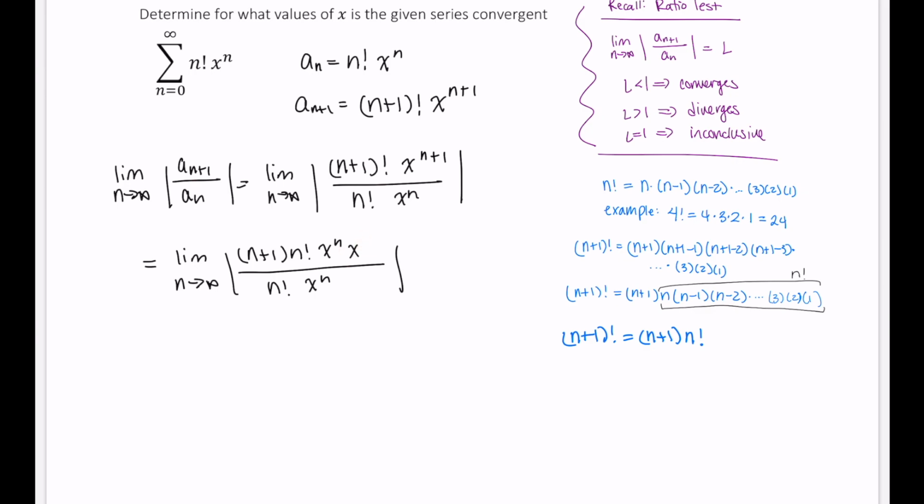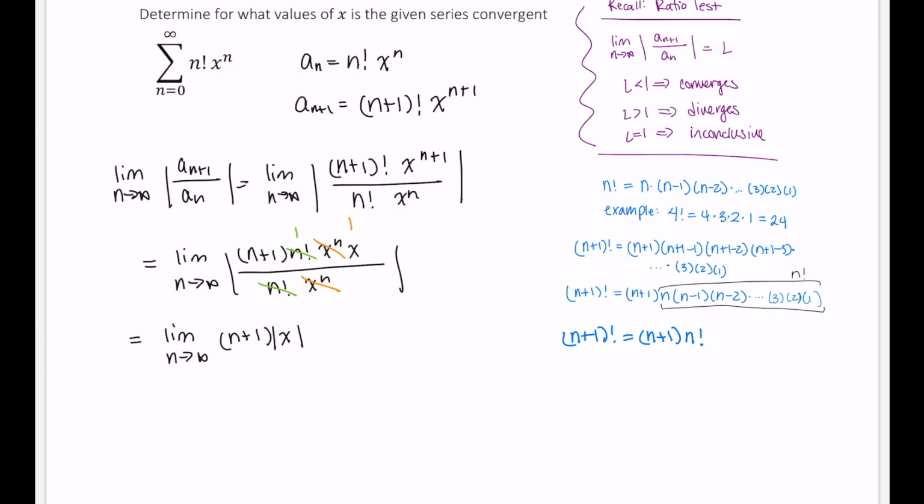So we have some things that cancel, and cancel, remember, is slang in this case for division, because right now everything is being multiplied, and what undoes multiplication is division. So let's cancel. X to the n's cancel because x to the n divided by x to the n is 1. Similarly, n factorials cancel because something divided by itself is 1. So we end up with the limit as n approaches infinity of n plus 1 times x.